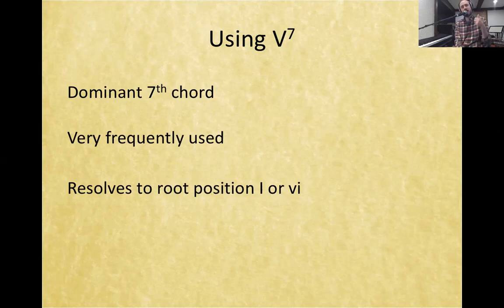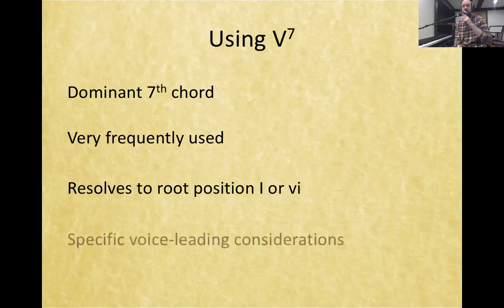So when we put a seventh on the 5 chord, it only makes 5 want to go to a root position 1 or 6 even more strongly, right? It really contributes to that amazingly strong push to 1 as a traditional authentic cadence, or moving into 6 in deceptive motion. But both of those progressions, both of those types of motion, are deepened with the addition of a seventh. And that's an important thing to keep in mind.